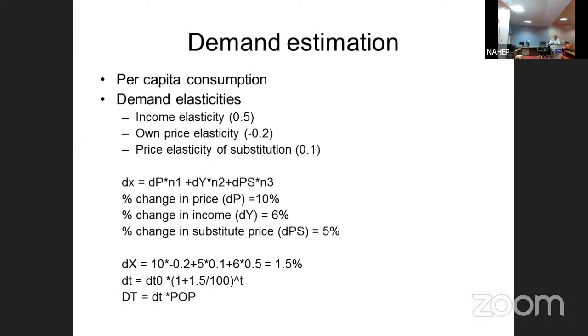Then we estimate the per capita consumption demand. We have the elasticities, income elasticity, price elasticity, and so we have the growth. The things which I explained earlier, that if you have the different values, how to substitute and get the growth. And then we work out the consumption, multiply by population, and this is the total demand. This part I already explained on the whiteboard.